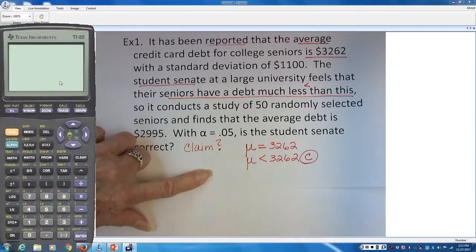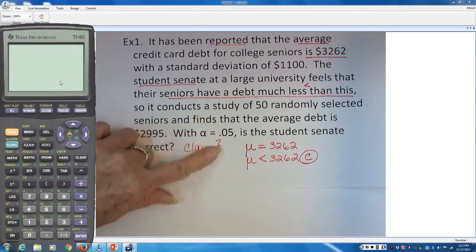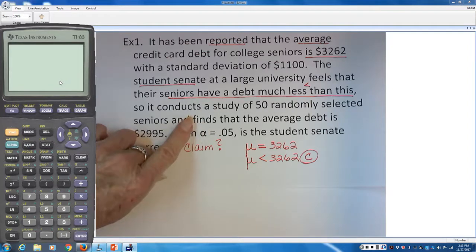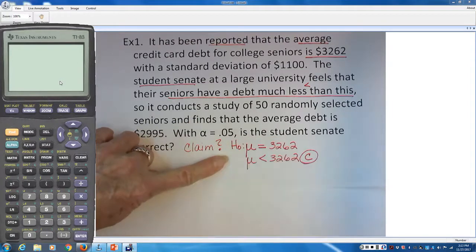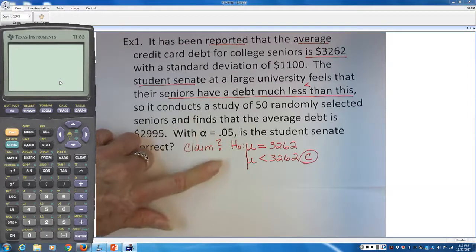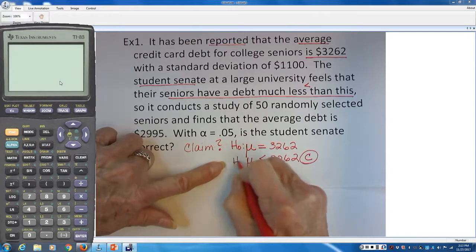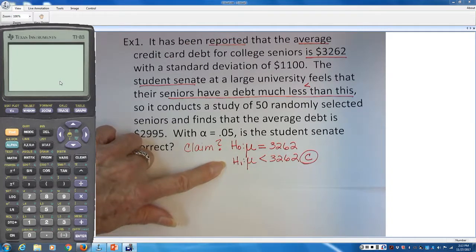Now, based on what I told you about H0 and H1, which one of these is H0? That's right. Because H0 always says equals. That means that H1, in this case, is the claim. Okay?